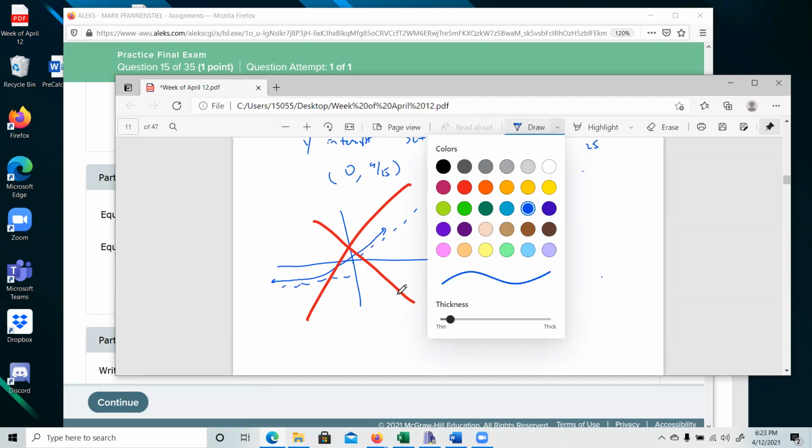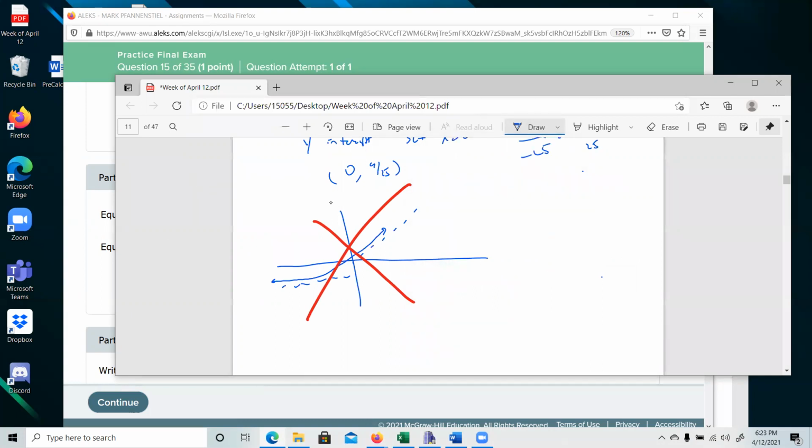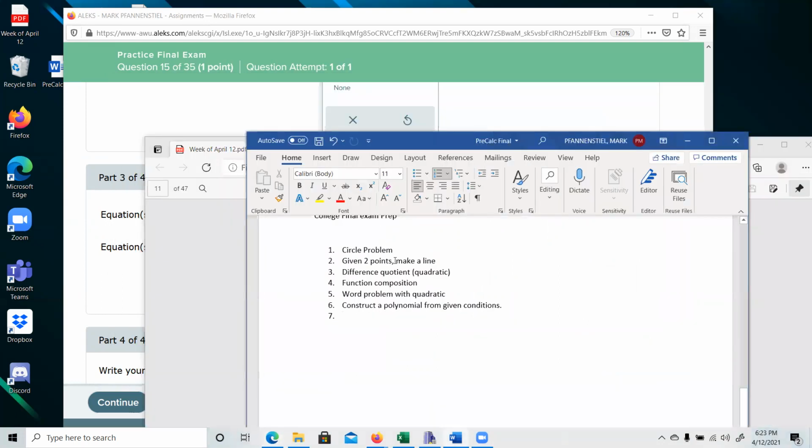All right, why don't we stop here for the evening and continue with our quest to find good final exam problems tomorrow. So far, definitely a circle problem. Given 2 points, make a line, difference quotient, quadratic.